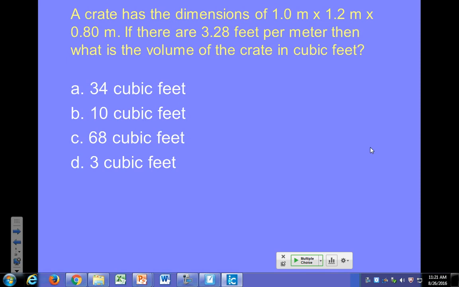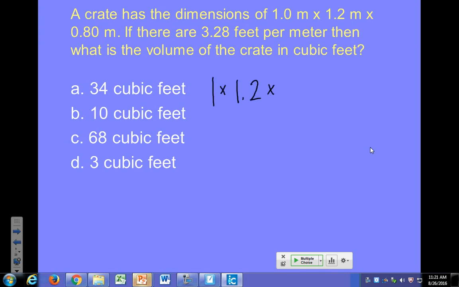So don't sweat it if you miss a lot of questions. If you're missing all the questions, you really should see me. Well, I'll help you. But if you're missing a third of the questions, who cares, right? Who cares? I mean, I care because that's who I am. But I don't want you to sweat it too much. Anyway, so here I have 1 by 1.2 by 0.8.